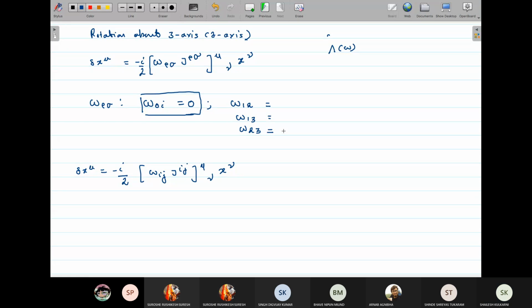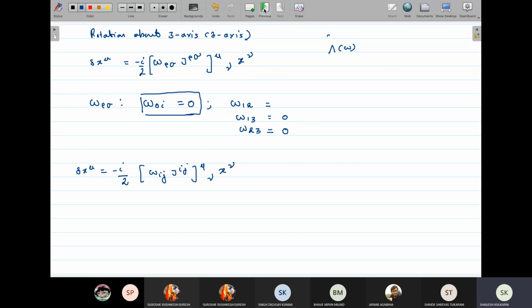Correct. Because these represent the rotation about the y axis, and the rotation about the x axis. But I'm not rotating along those axes. So I have a non-zero parameter here, omega 1 2.